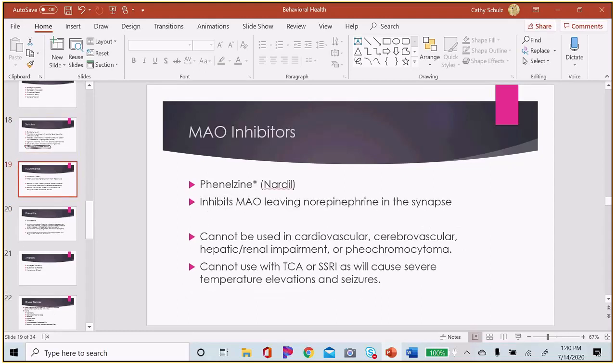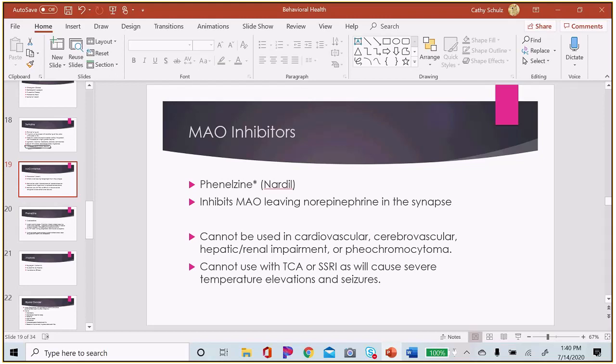And then the last group of medications for depression, and this is where we'll take our break, are MAO inhibitors. So sertraline was an MAO-B inhibitor because it inhibited the enzyme that breaks down dopamine in the neurotransmitter.